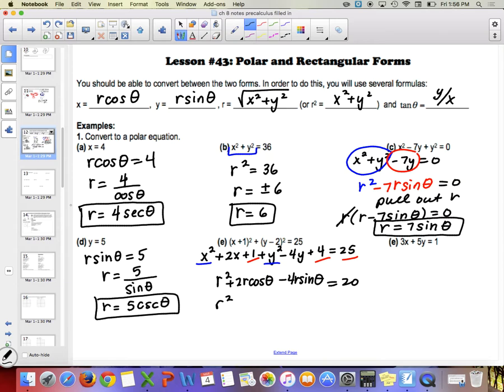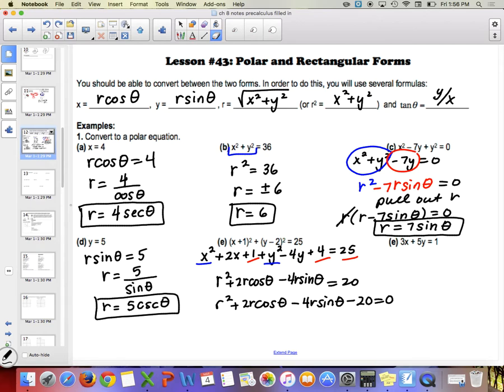I think on these ones, you just leave it. So let's just set it all equal to 0. I gotta think about that one. Just like you know how some functions you can't solve for y, I think some of these you can't solve for r.